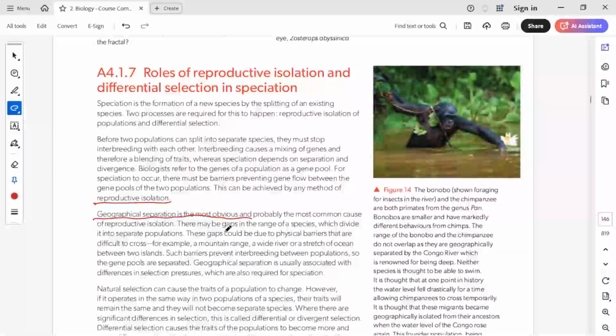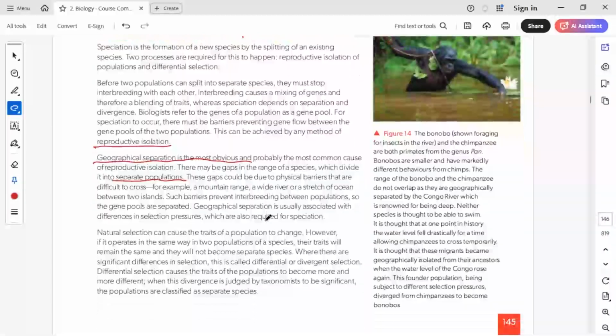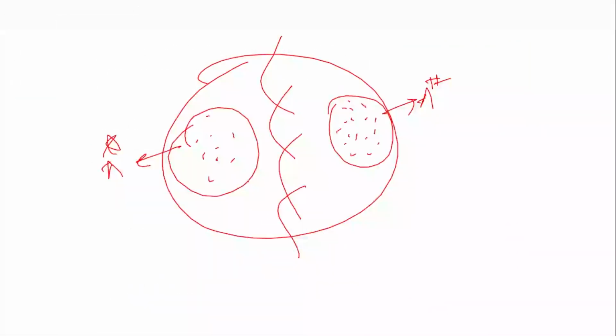So if there is a gap in the range of a species which divides it into separate populations, eventually with time they will develop into new species. Okay, now how does this actually happen? Why, if continuous interbreeding is taking place between two groups, will there be no new species formation? That is because the very probable reason why a new species is forming here is that the members of this particular group are accumulating different kinds of mutations in their genes, and they are accumulating different kinds of genes in their particular group.